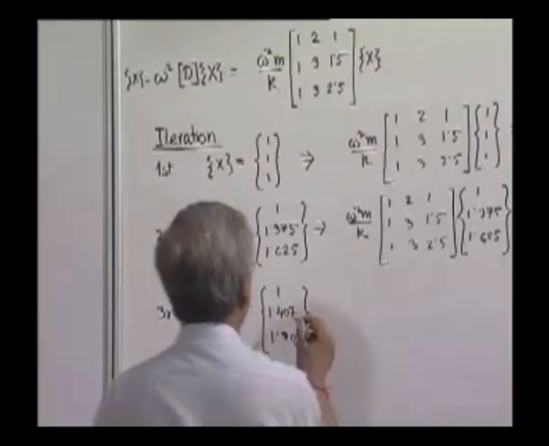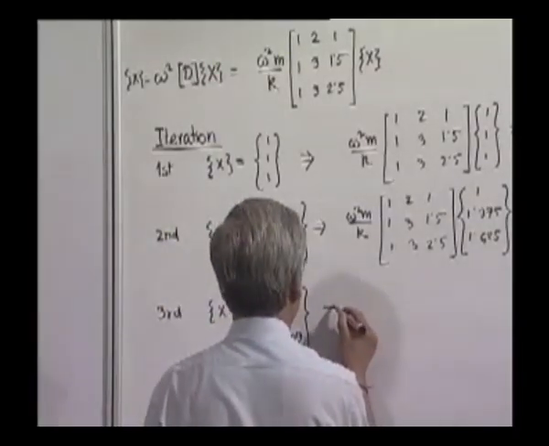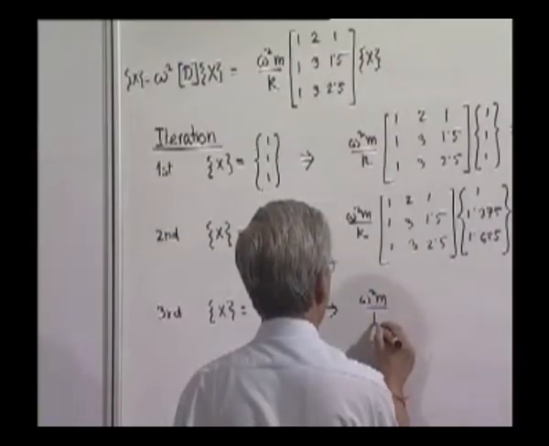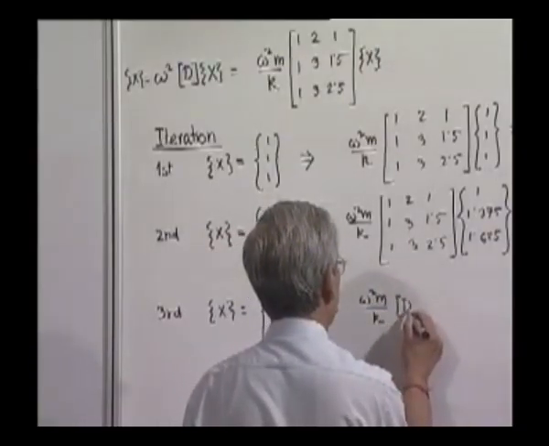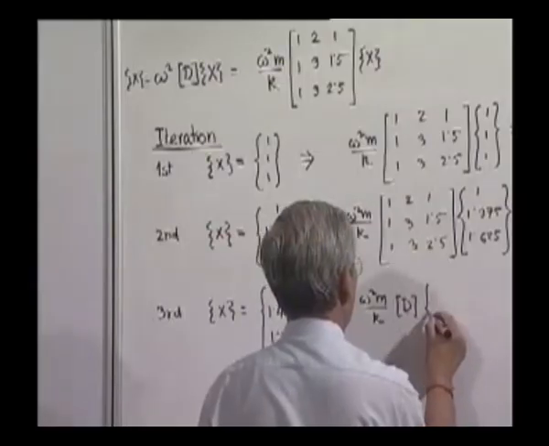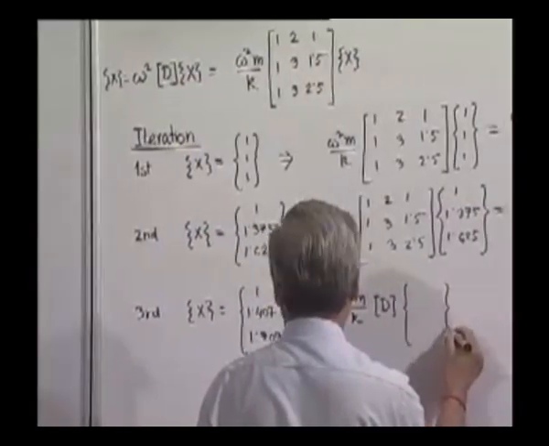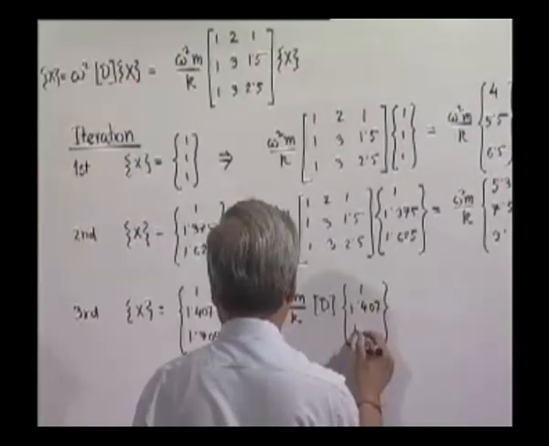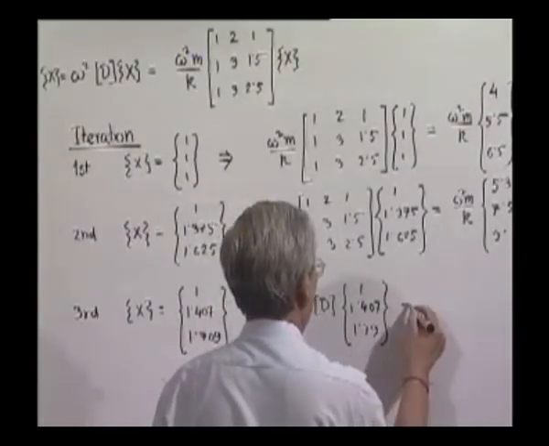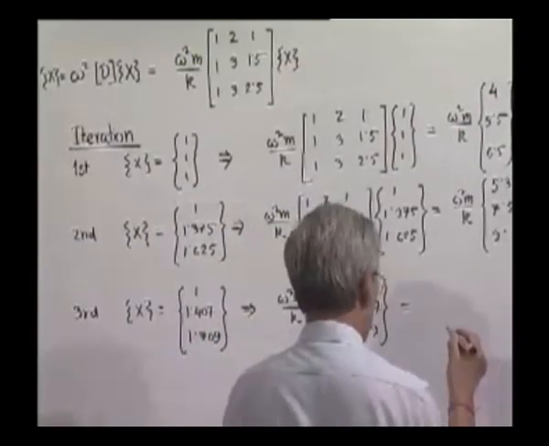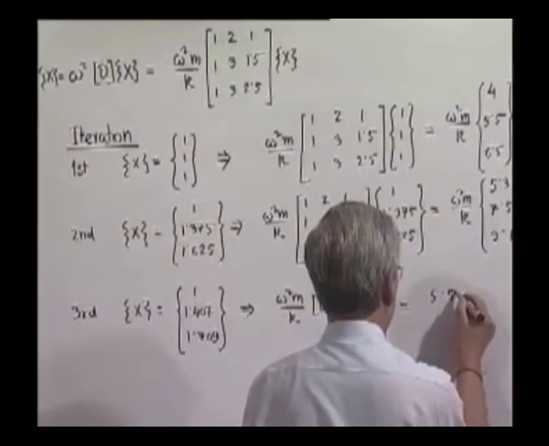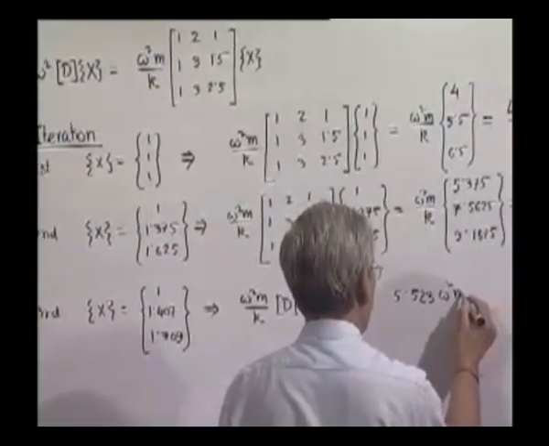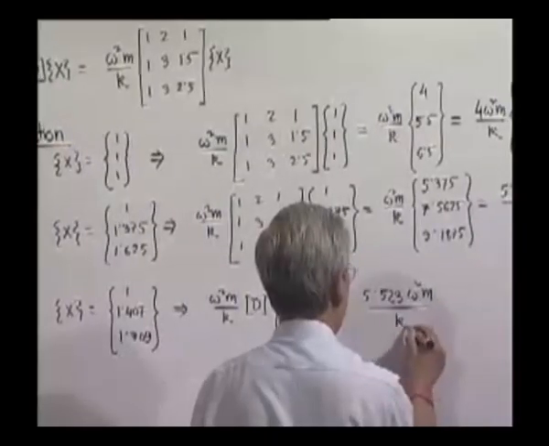Now, if you do this now, what we will get? We will get this as 5.523 omega square m by k.